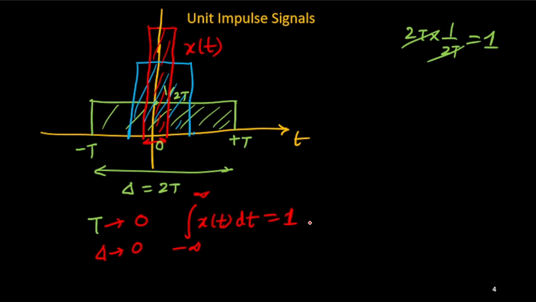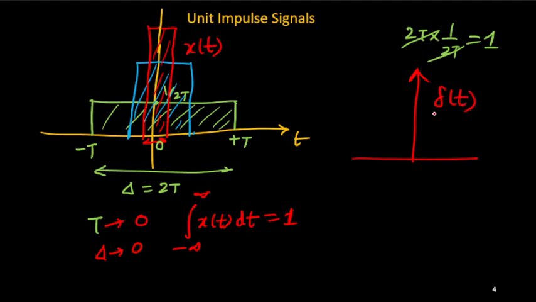So this is the concept of unit impulse. As T is approaching 0, its magnitude is going towards infinity, so we show it in this way. So this is your del t signal, and we can realize that from this.